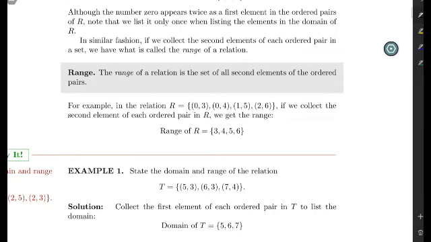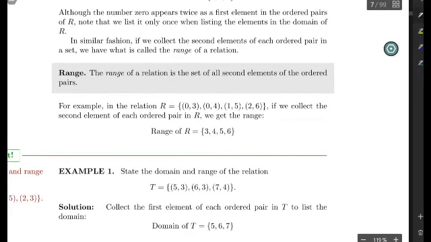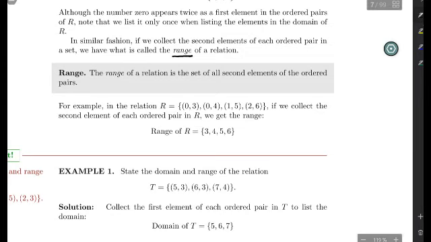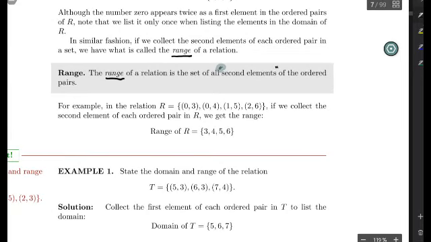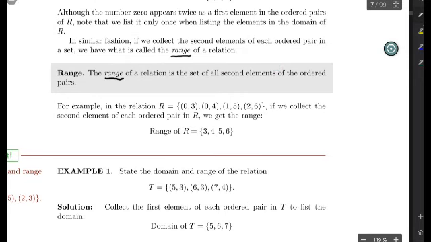And we have another concept, that of range. The range of a relation is the set of all the second elements of the ordered pairs.